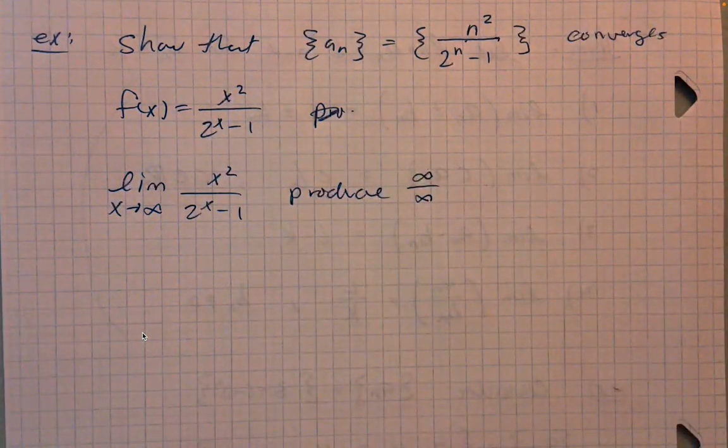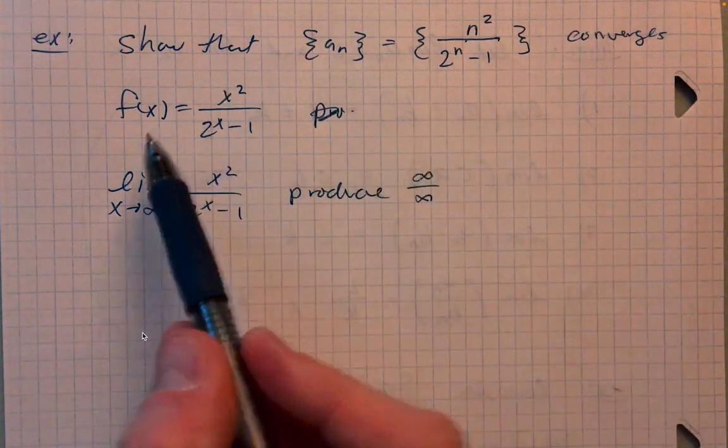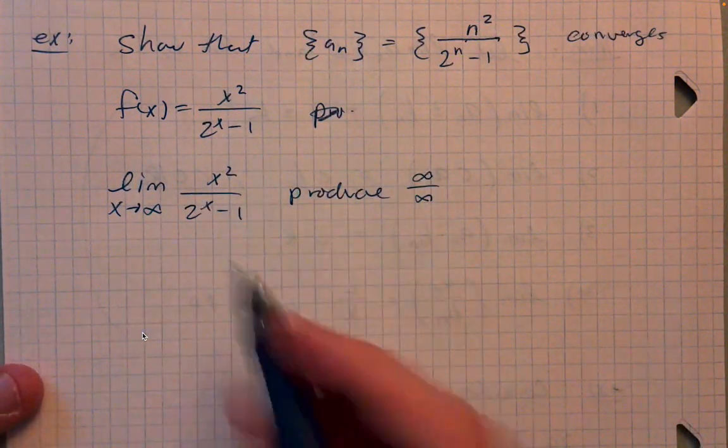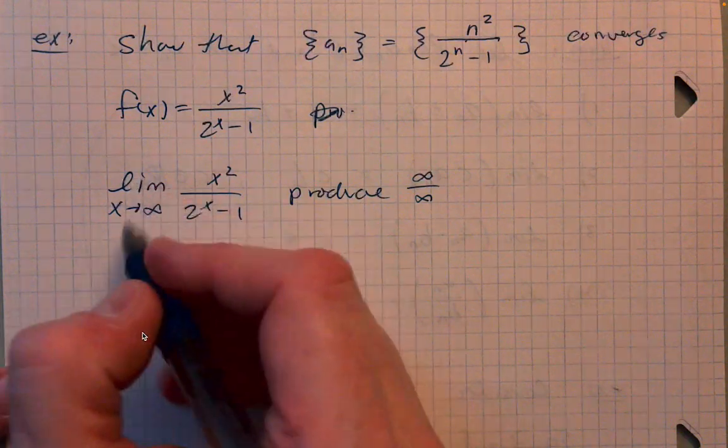So this is going to be a case where we're going to use L'Hopital's rule to try to find a limit of the function, and then we're going to fall back on the fact that the sequence is the same as the function at all the positive integer values. So this produces infinity over infinity, so let's differentiate.